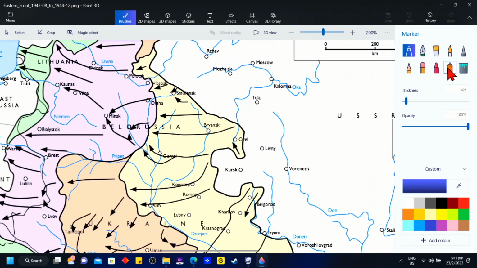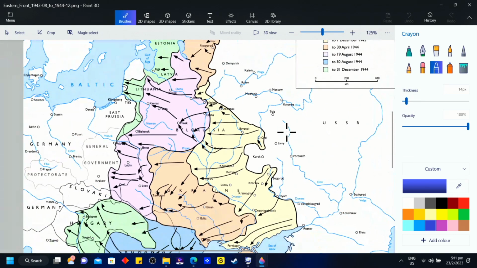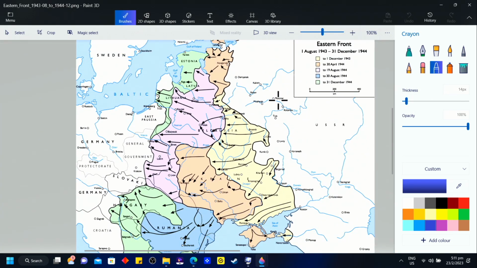So basically, in total there were 12 Soviet fronts. 11 of the 12 active Soviet fronts would be involved in the summer offensive planned by Stavka, leaving only the Northwest Front on the sideline.